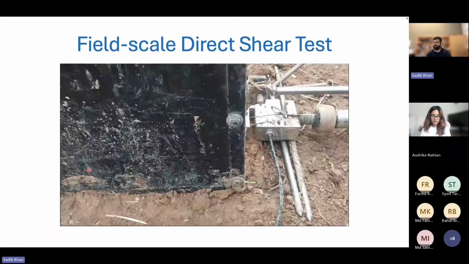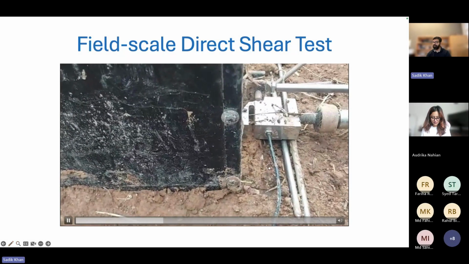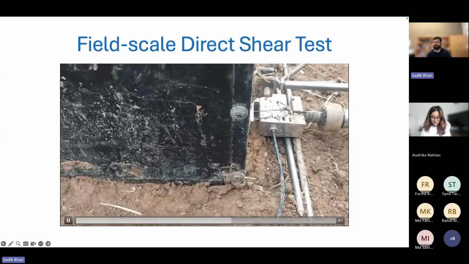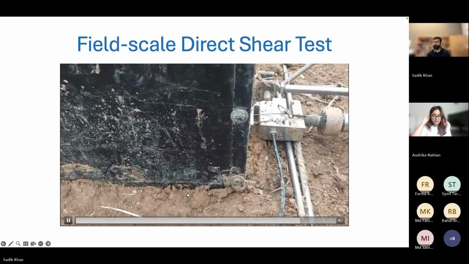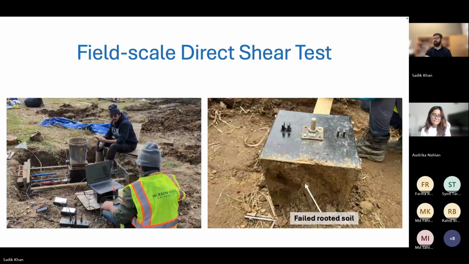So here is a video, I guess there is a video, that shows when we're trying to push it and how it works. And here are the failure results, and we can see how many roots are in it. You can also see the shearing at this point.